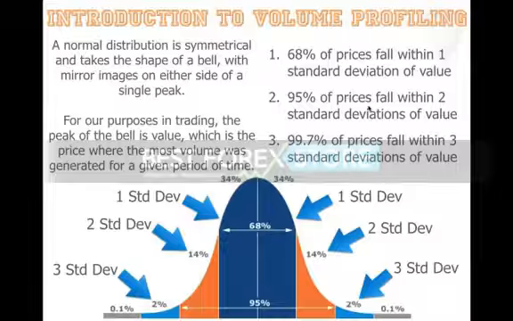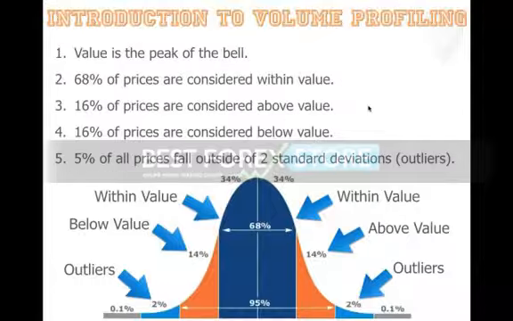These are the outliers that we will trade. These are the rejection points. So number 1, value is the peak of the bell. It's the very, very top.